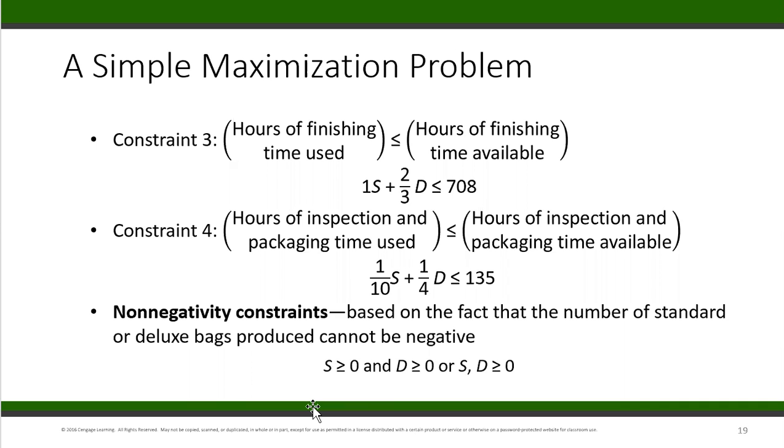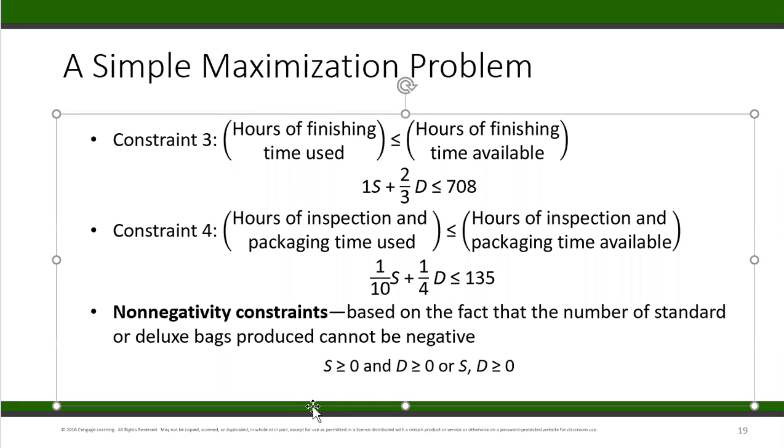If you don't produce, they're going to be zero. Either S or D or both of them are going to take zero. If you start producing, they're going to take positive values. And in this specific case, they're actually going to take integer numbers. So they can't really take continuous numbers, any decimal numbers, right? So they have to be integer, but we're going to skip that for now.